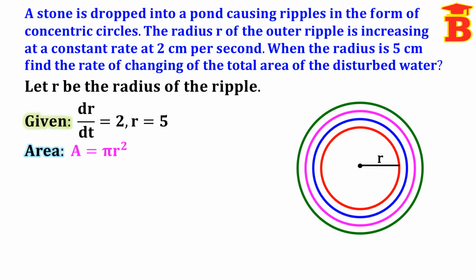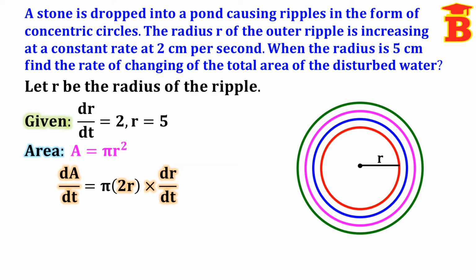Differentiating this with respect to t, dA by dt equal to pi is constant. We have to differentiate r square. R square differentiation is 2r into again differentiate r, that is dr by dt. We are differentiating with respect to t. So r is another variable, that is why we write into dr by dt.